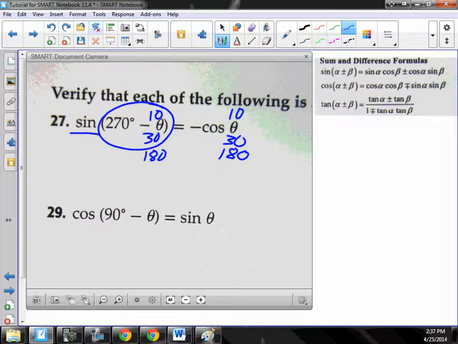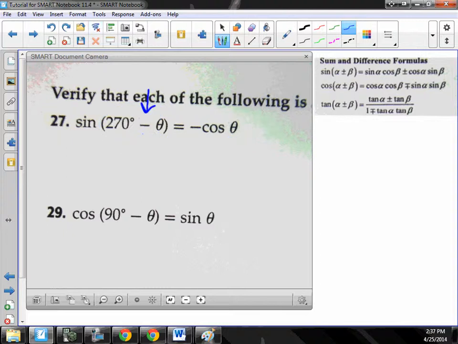So we're looking at a difference formula for sine. So how can I convert this using the difference formula? Well, alpha is known, beta is unknown, but that's okay. We'll just plug it into the formula. Sine of 270 cosine of theta, plus or minus?